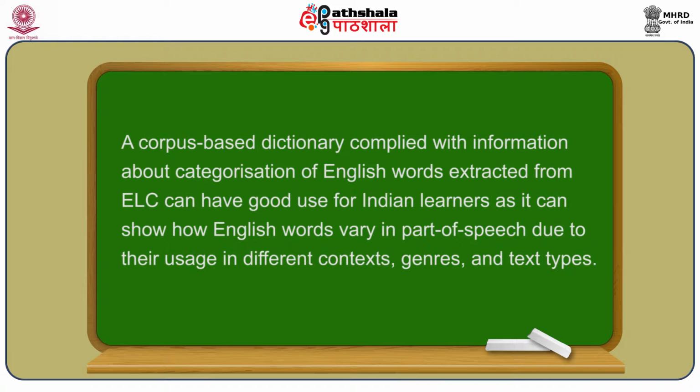So, not only the meaning and the usage, but all other things, the corpus-based dictionaries are highly useful for the learners while learning English. What are the basic advantages of this dictionary? It includes the most frequently used English words collected from the ELC.